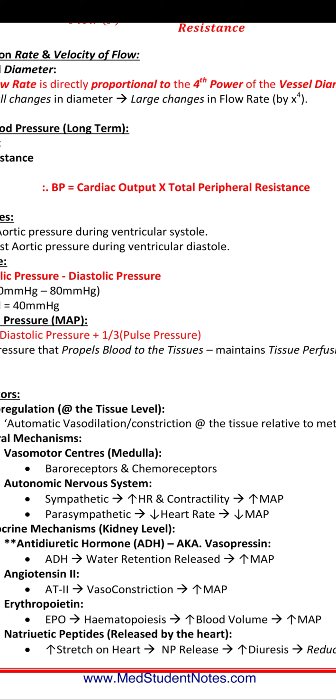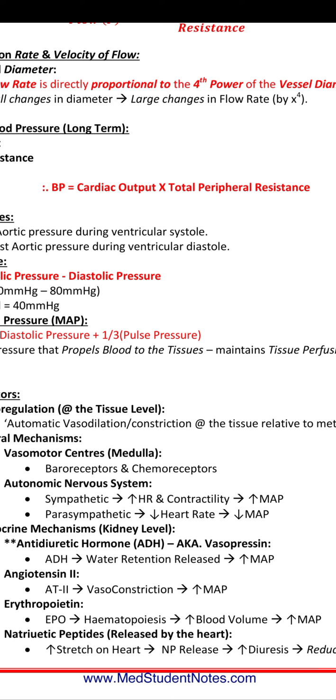So when there is an increase of blood level in the arteries, the mean arterial pressure increases. So the erythropoietin does the hematopoiesis, or the increase of blood volume. Thus it increases MAP.